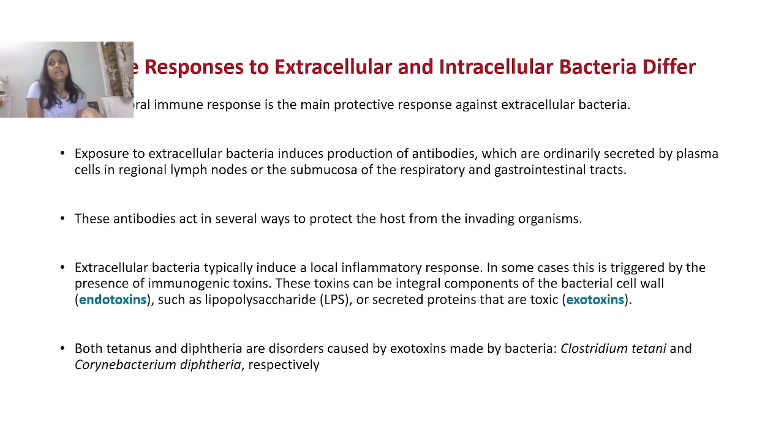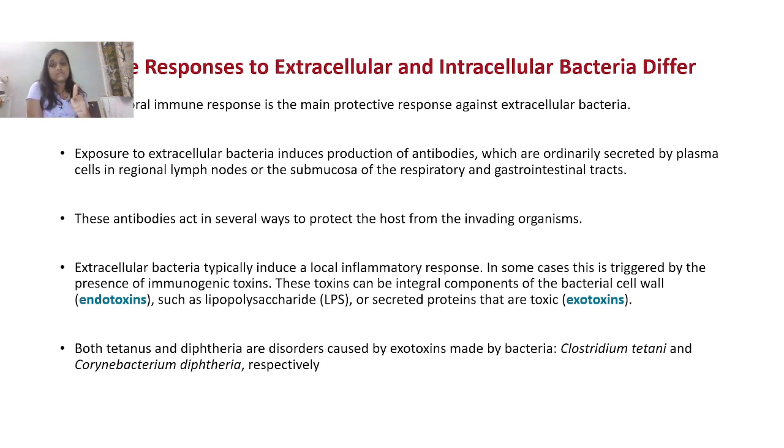So we go and take the tetanus injection. Tetanus and diphtheria are disorders caused by exotoxins made by two different bacteria. Tetanus is caused by Clostridium tetani and diphtheria is caused by Corynebacterium diphtheriae. Both of these cause disease mainly because of the exotoxins which are produced by these bacteria inside our host cell.